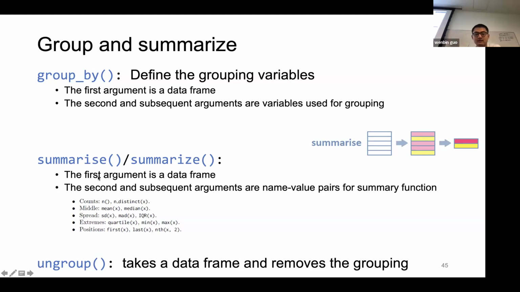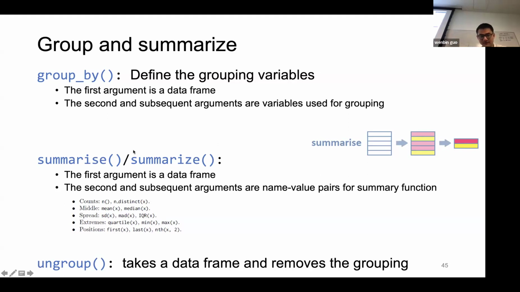So basically here are the listed functions you can use instead of mean, median, SD. You can also calculate the minimum value, maximum value, etc. So when you try to get a group summary, the group by and summarize functions are really useful.